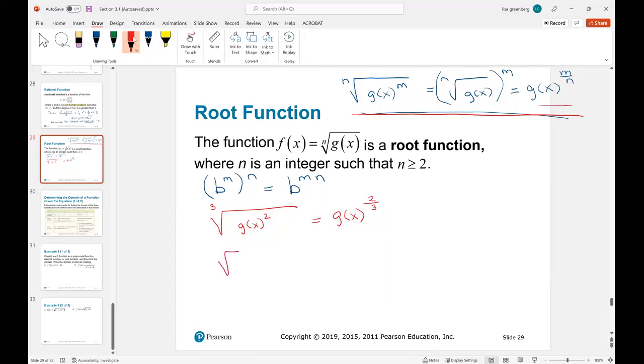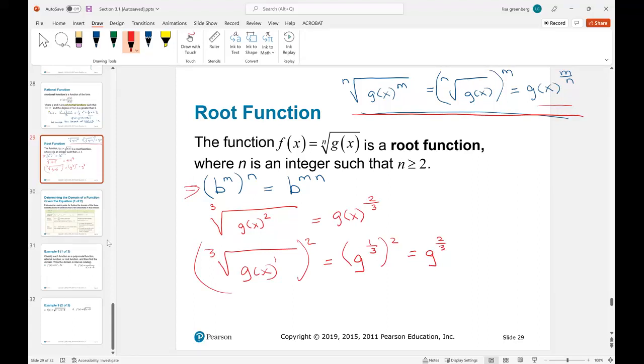If I were to say the cube root of g of x, and then I have the whole thing squared, well, that's like saying I have g to the 1/3 power, because there's an invisible 1, squared. And if I use my exponent rule, that means I multiply exponents. So this is equal to g, and then 1/3 times 2 is 2/3. So notice they're all the same. These are all equal to each other.